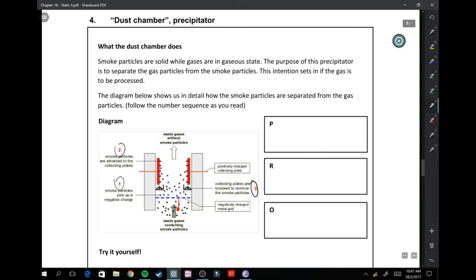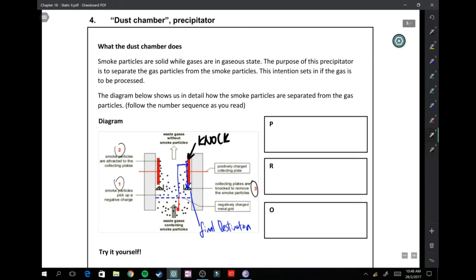So let's draw it in blue. So once it's charged, it will be attracted to the plate. Now when it's attracted to the plate, you will knock the plate out, knock the smoke particles out, so the smoke particles will drop and be collected in this place. Okay, so this is the final destination of the smoke particles. Okay, so you don't have to write this, but if you have written, then it's fine.